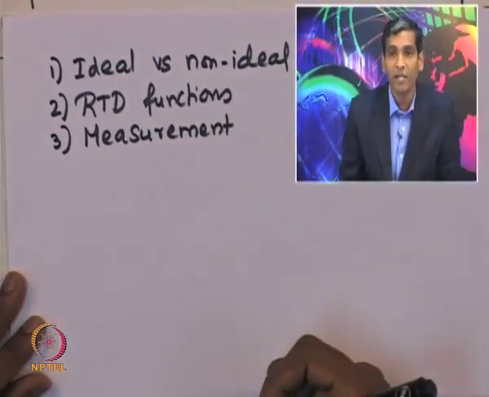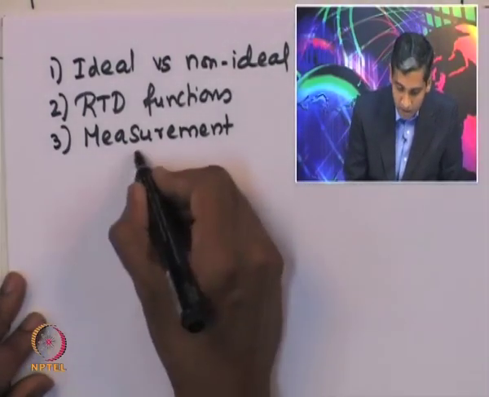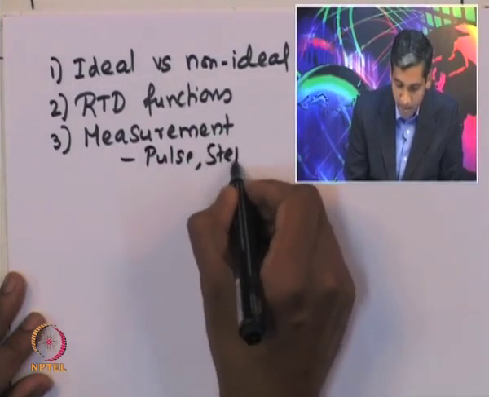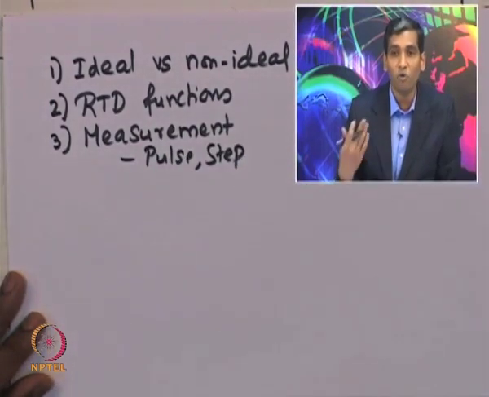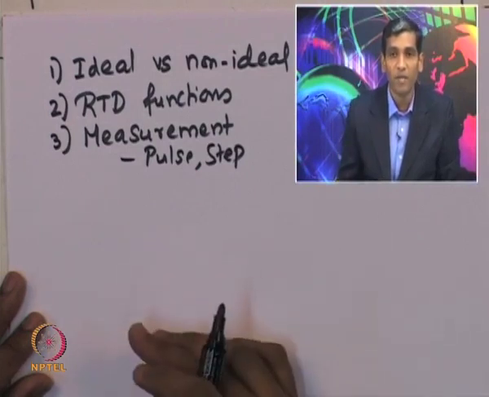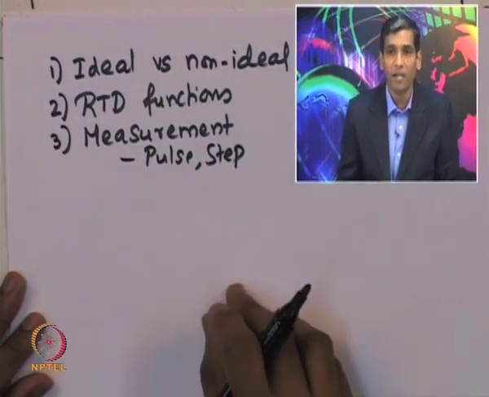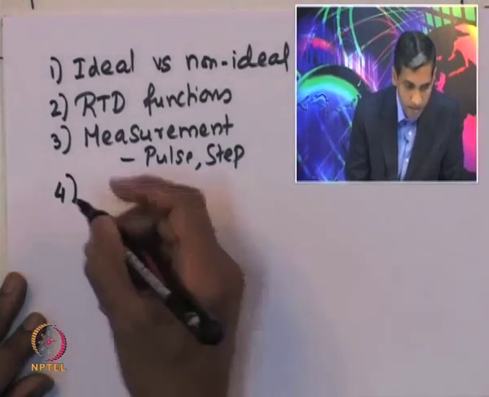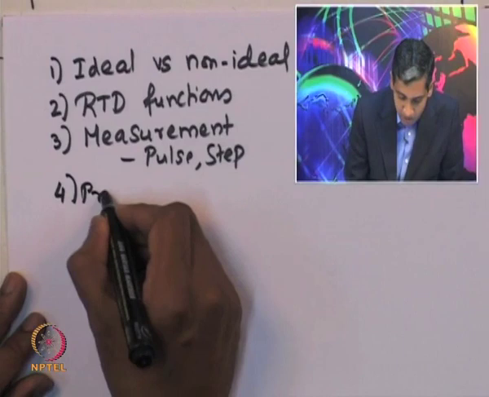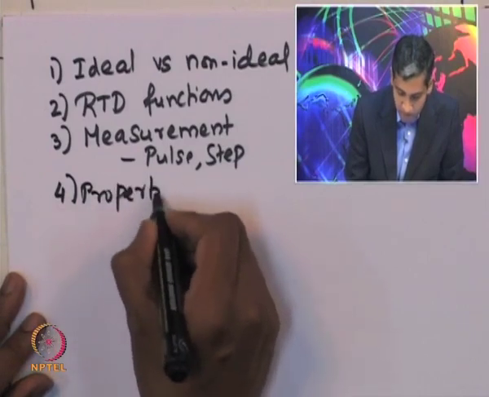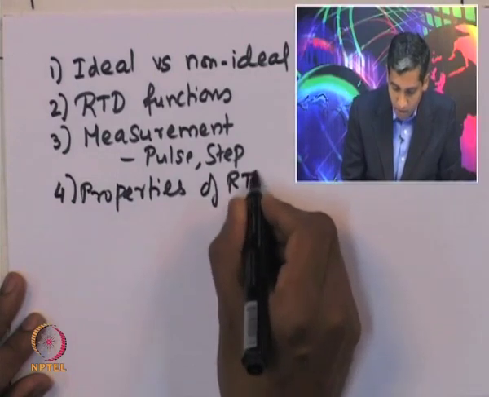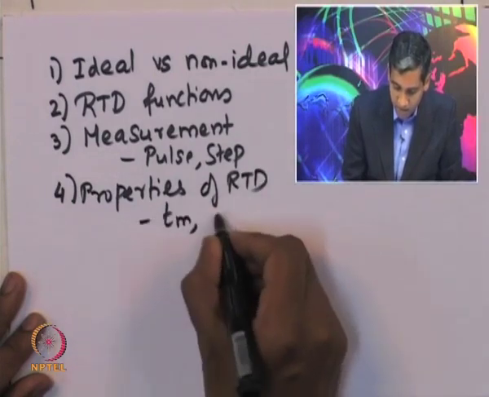We looked at measurement of the RTD function in real reactors, using the pulse tracer input and the step tracer input, how to perform these experiments and how to estimate the RTD function, what to measure, and so on.